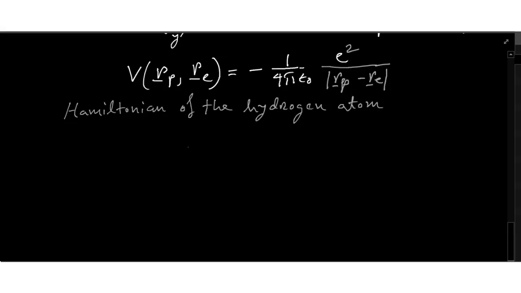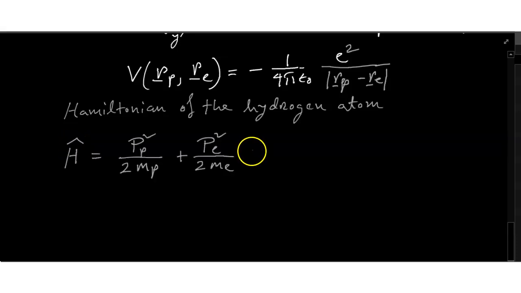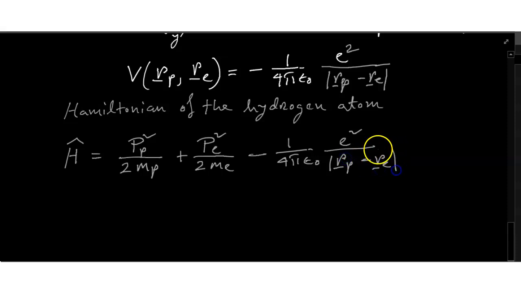The Hamiltonian H is given by the kinetic energy of the proton plus the kinetic energy of the electron, which also takes its usual form, plus the potential energy described by the electrostatic interaction, equal to minus 1 by 4 pi epsilon 0 times e squared divided by mod of Rp minus Re.